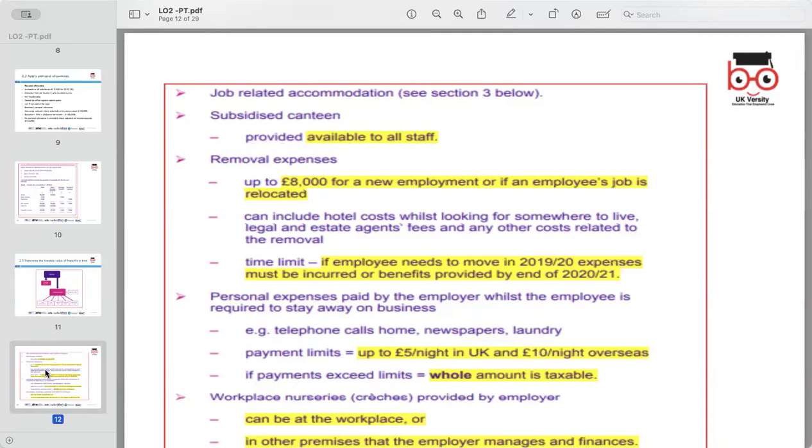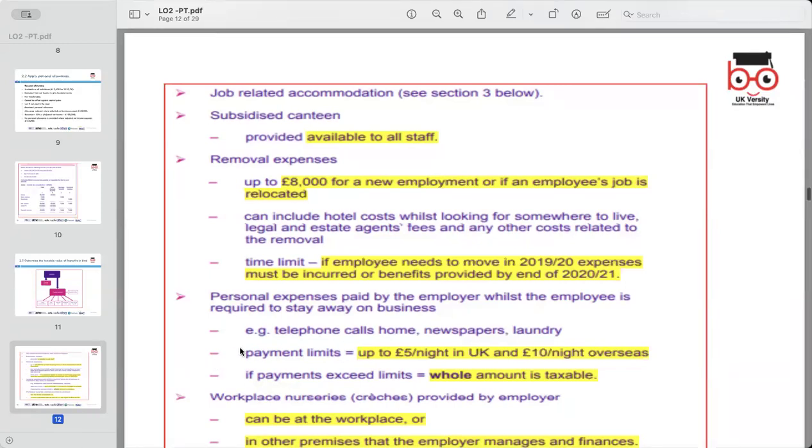Then personal expenses paid by the employers during business trips. These expenses include things like telephone calls, home newspapers, and laundry services. There are payment limits set by the employer, and if the payments exceed these limits, the entire amount may be taxable.